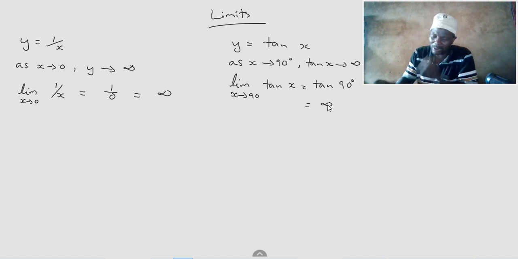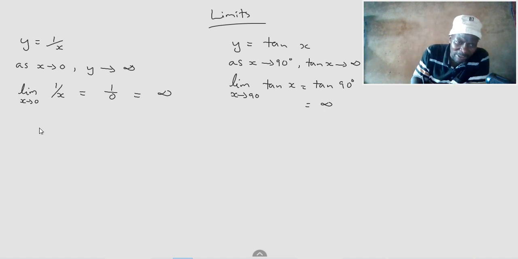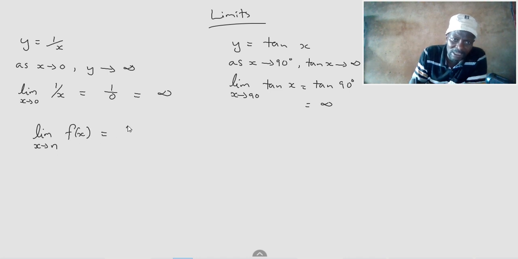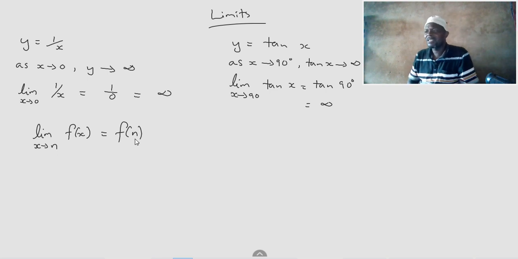So it's not really train smash. If you are required to do a limit as x tends to any value, it simply means for a function f of x, the f of that value. I actually think it's easy enough.